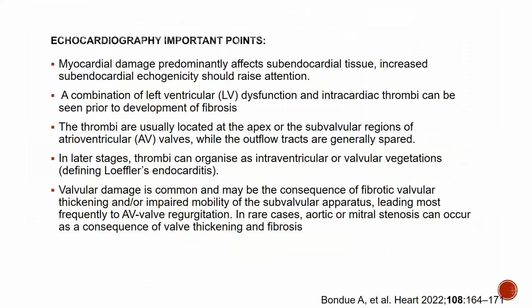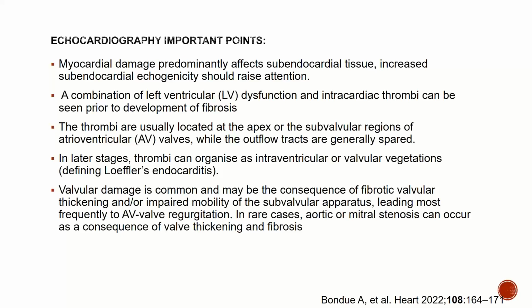So, an important point to consider when talking about hypereosinophilic syndrome is that the myocardial damage predominantly affects the subendocardial tissue. So, whenever you have increased subendocardial echogenicity, it should raise suspicion of hypereosinophilic syndrome. A combination of LV dysfunction and intracardiac thrombus can be seen also prior to development of fibrosis.